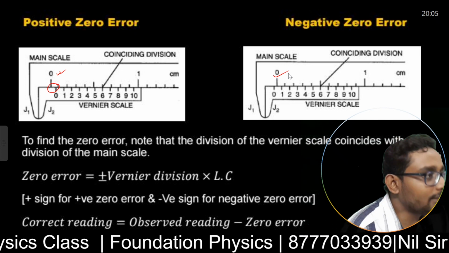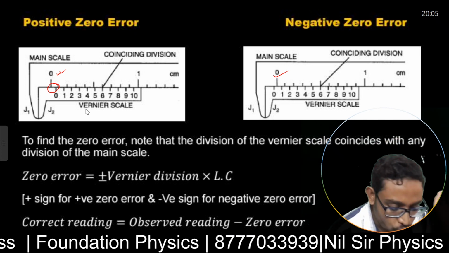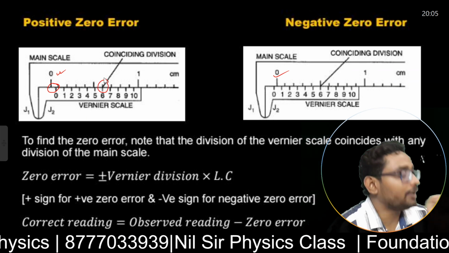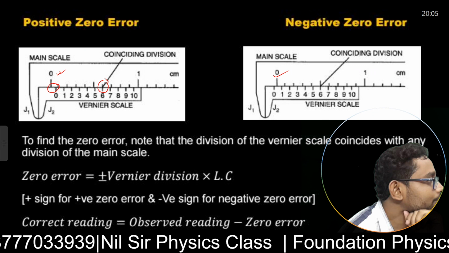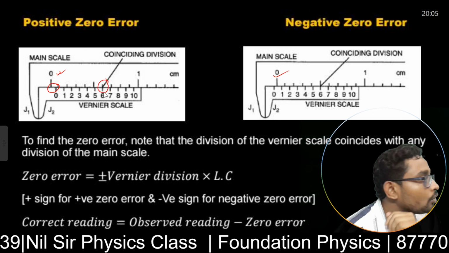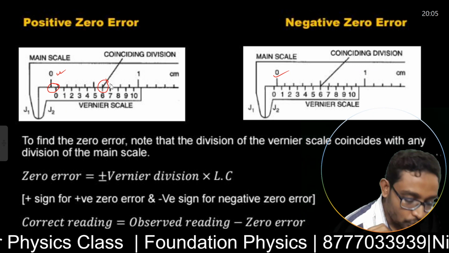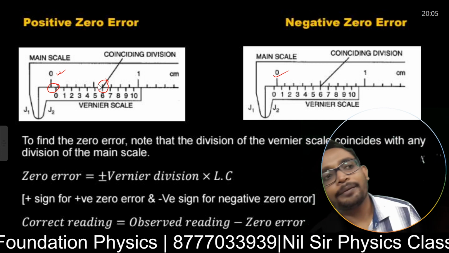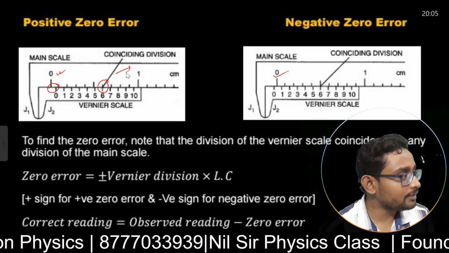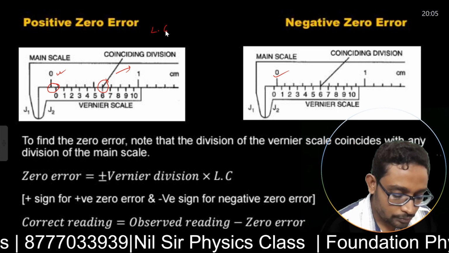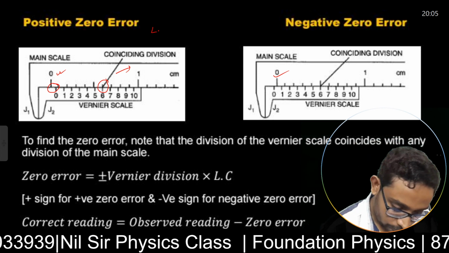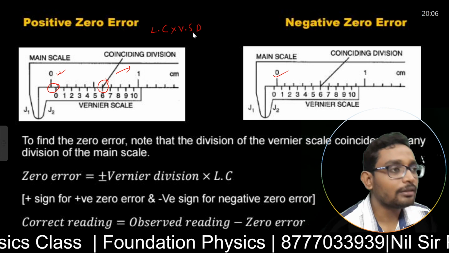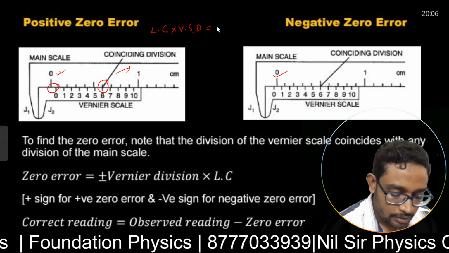How can we calculate this zero error? In this situation we observe which division is coinciding with the main scale. In this case the 6th coincides with the main scale. So this 6 division is actually producing the error. What is the error here? Least count into vernier scale division, am I correct?